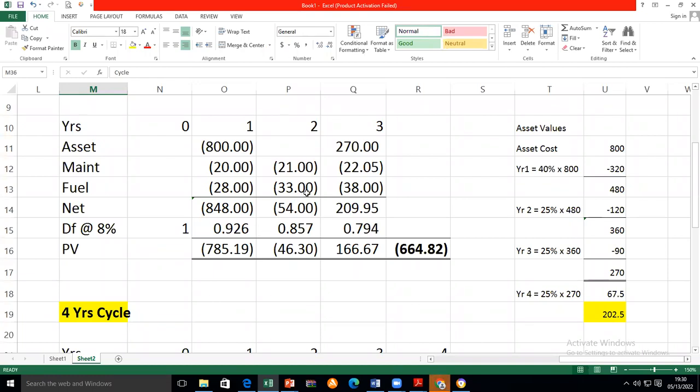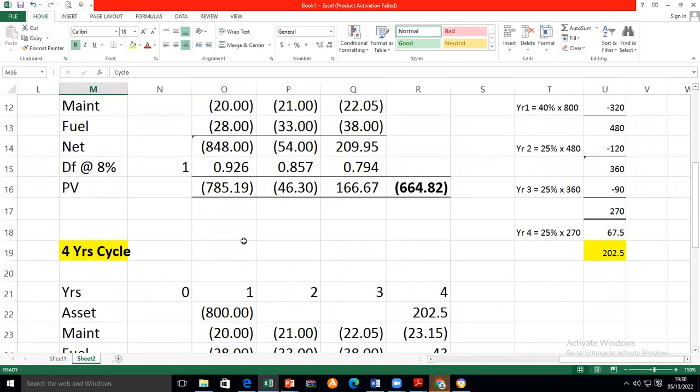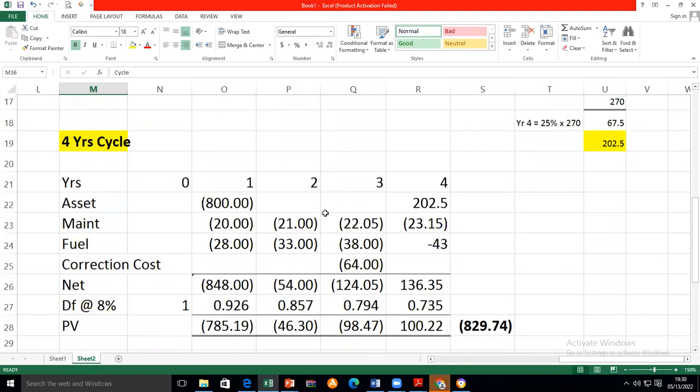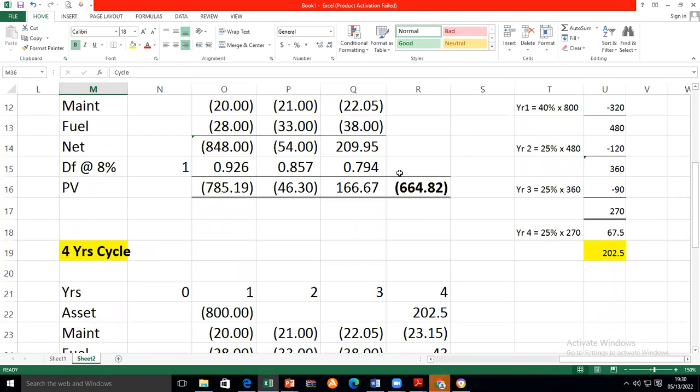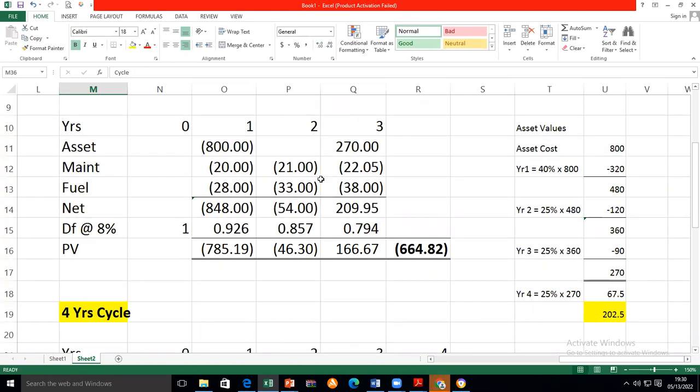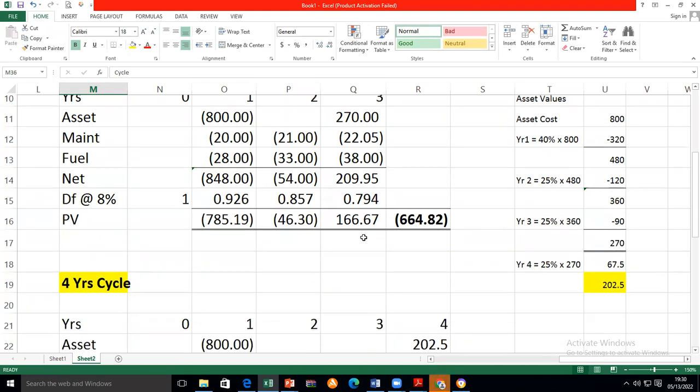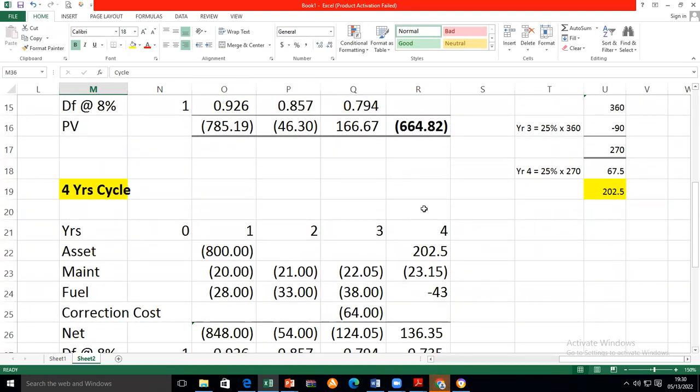So the appropriate thing to do is to find a common basis for comparing these, and what we do is annualize. We express the figures in their annual equivalents. How do we do so? We find the net present value for each cycle or each project, then we divide not by the number of years, but by the annuity factor for that particular time frame. So that now the figures relate to the same period of time, and we can do a proper comparison.